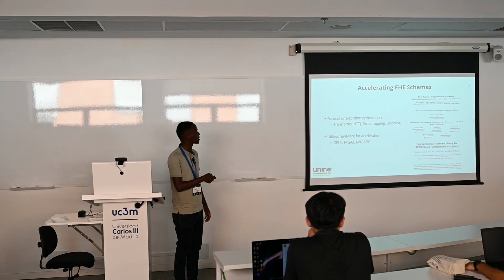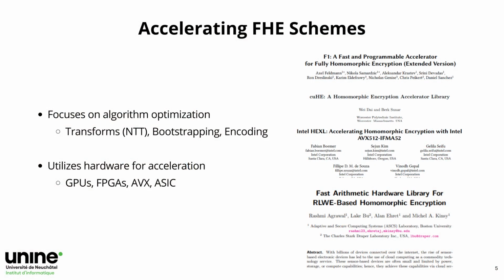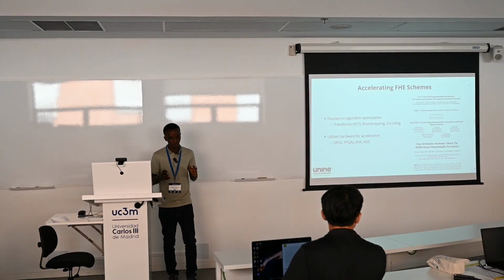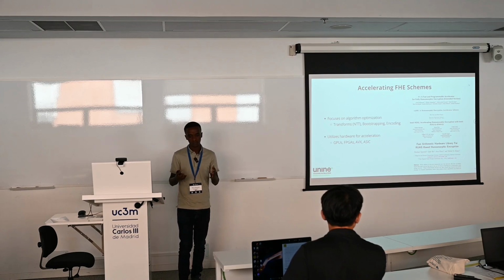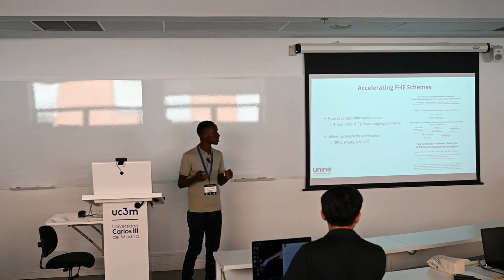There is quite a lot of literature focusing on accelerating FHE schemes. Most of it, as I mentioned, focuses on optimizing the algorithms we have, including transforms, bootstrapping, and encoding. With the transform, the idea is that we do polynomial multiplication as coefficient-wise operation.